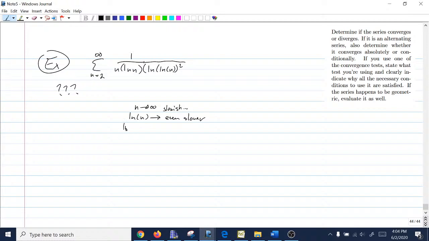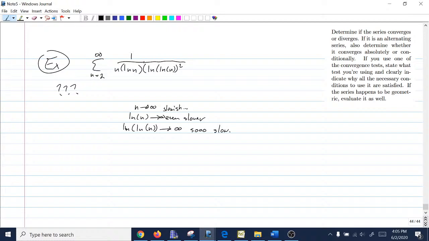And log log n goes to infinity so slowly. If you take log of a million, you're getting 6, and if you take log of that, you're getting like 2. Log of a million is about 14, and the log of that is like 2.5. Technically the function log n goes to infinity, but the idea is that log goes to infinity very, very slowly, which means log log n goes there even slower than that.